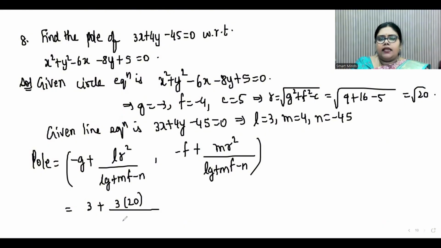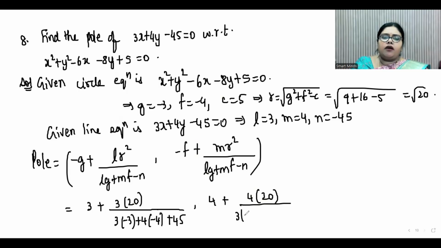In the denominator, l is 3, g is -3, plus m is 4, f is -4, minus n is plus 45. Comma, minus f is 4, plus m is 4, r² is 20. The same denominator we have to copy.